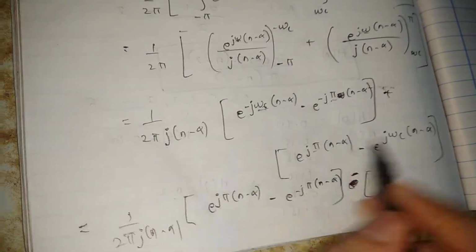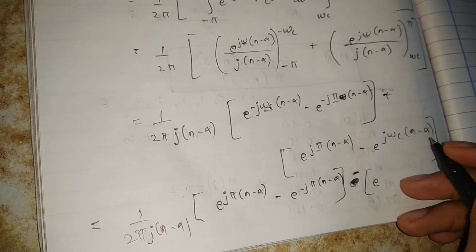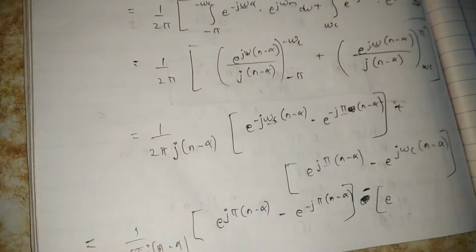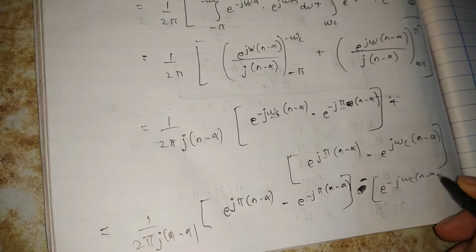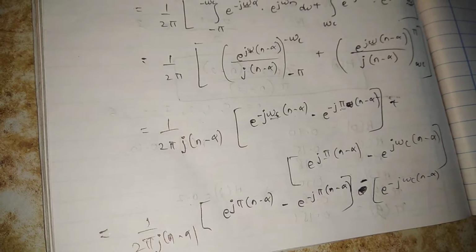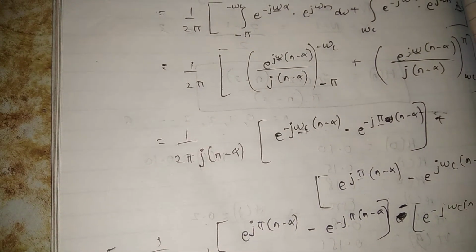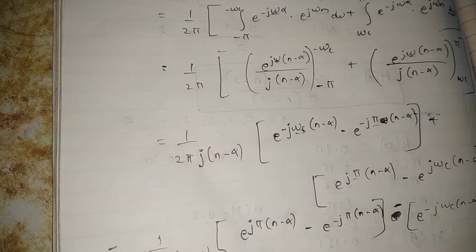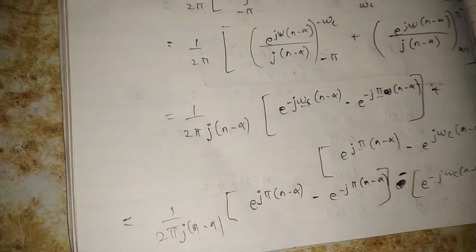E raised to minus j omega c n minus alpha. Sorry, by mistake.